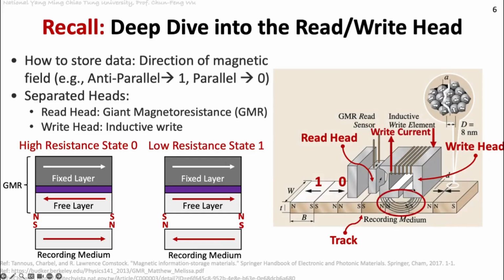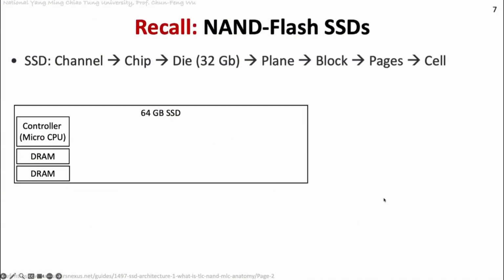This is the reason why we need a larger write head, because how strong the magnetic field is depends on the size of the magnet itself, right? A larger magnet gives a larger force, and a larger force can override the magnetic field on the recorded medium here. Okay, so this is about how to read out and write data on the hard disk drive.